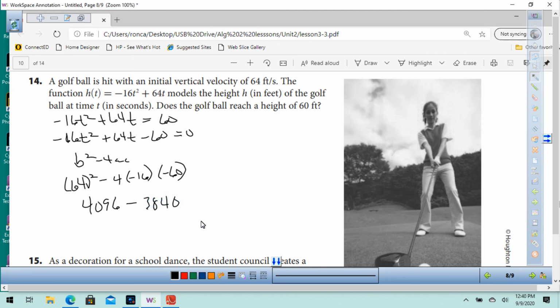So we're going to have a positive discriminant. So the golf ball does reach a height of 60 feet.